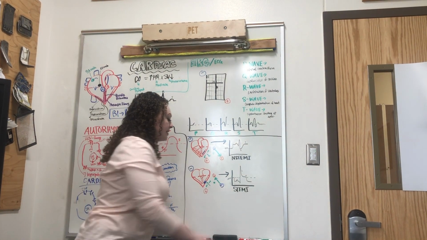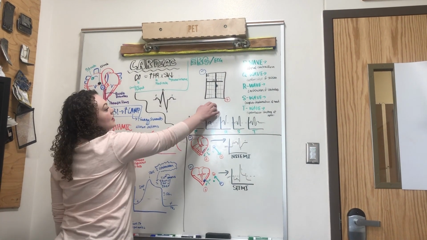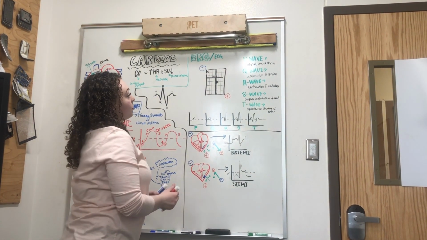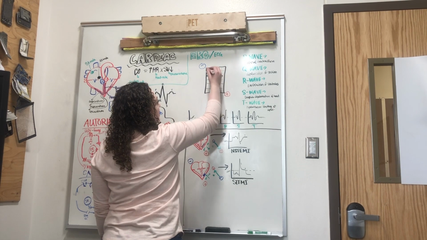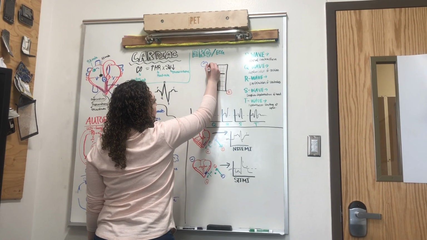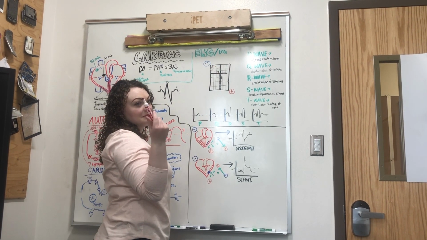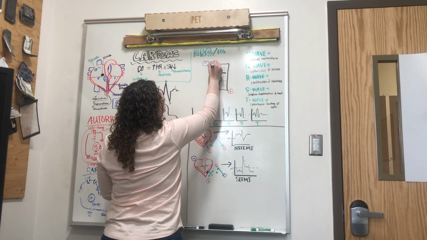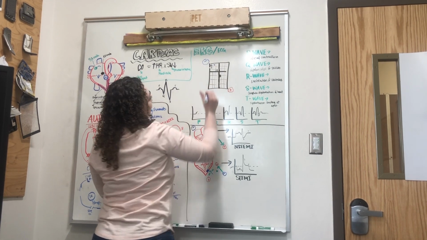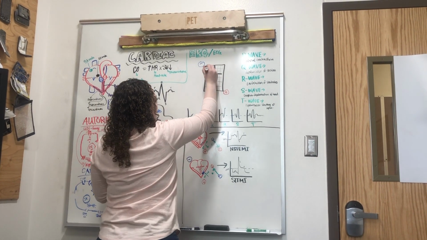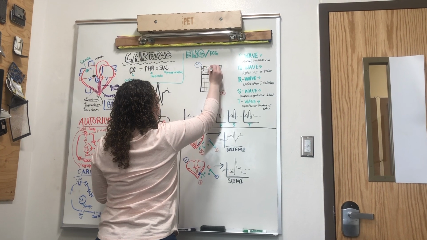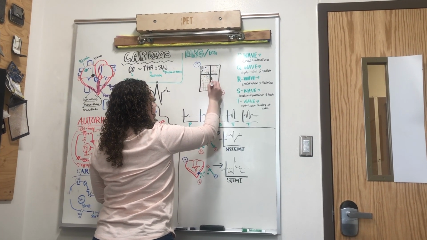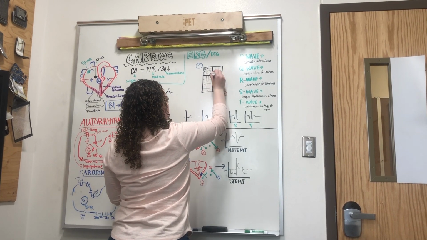So for example, over here we're going to pretend this is our heart. We have the different ventricles and the different atria. So what happens is, P wave, you start out, red is for positive and blue is for negative. So all of these are positive because your cells are all in resting state.